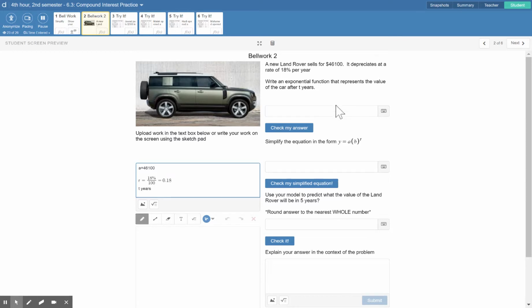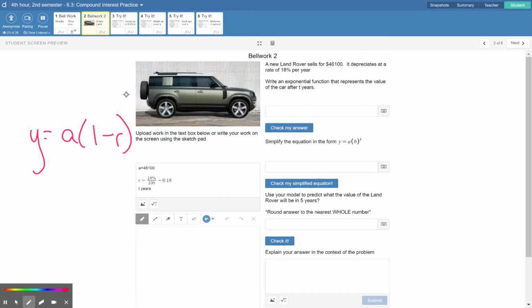So then we're just going to put that into the decay model. The decay model, if you recall, is y equals A parentheses 1 minus r raised to the t power, or x power, does not matter. So we just plug it in.